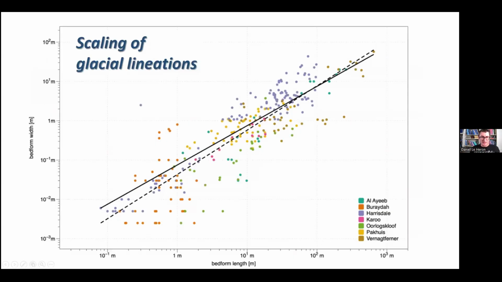What we could do, at least for our data, was to plot all of the lineations for each of the different sites. And there's 316 here that we could measure confidently. And what you can see is that we have got a consistent scaling relationship. There's a nice linear fit that is the solid line here, and the power law fit is a dashed line.